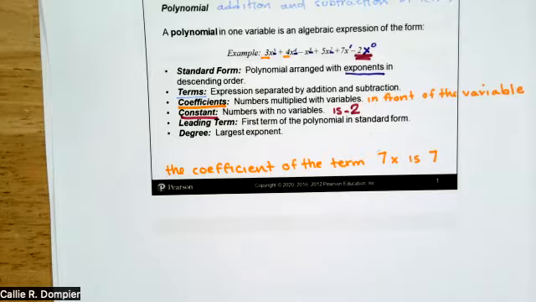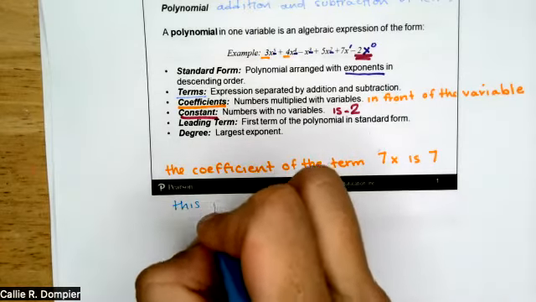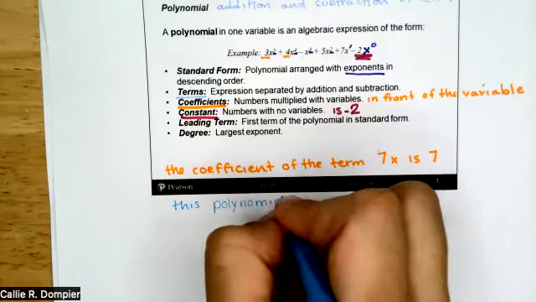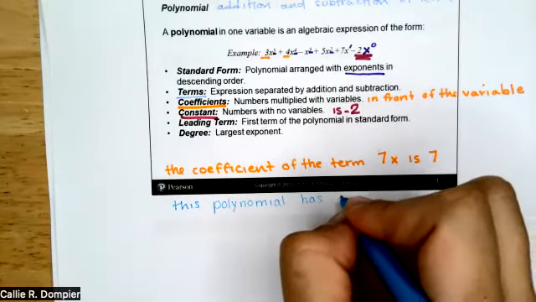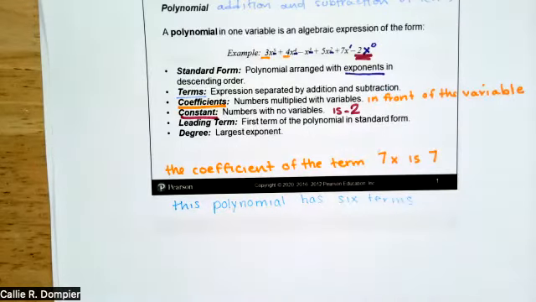So what can we say? We can say that this polynomial has 6 terms. We can say that the constant of this polynomial is -2.